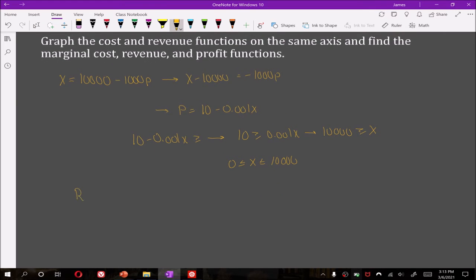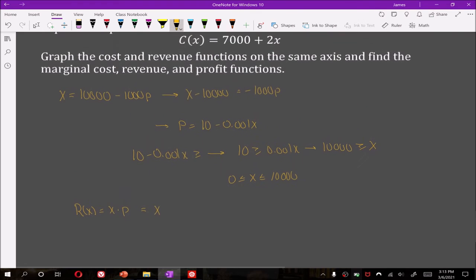So our revenue function, which is x times p, equals x times that p we just found, 10 minus 0.001x. That is 10x minus 0.001x squared.